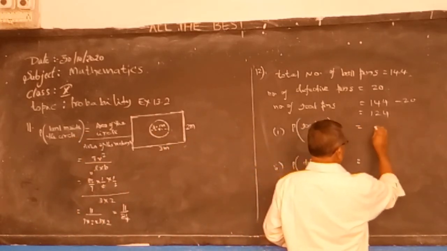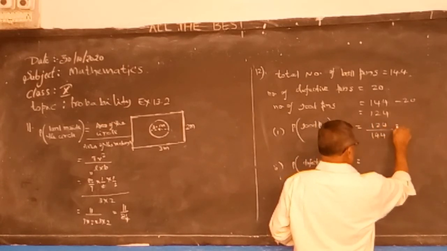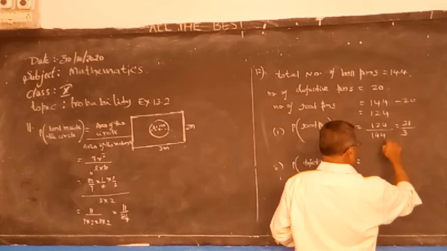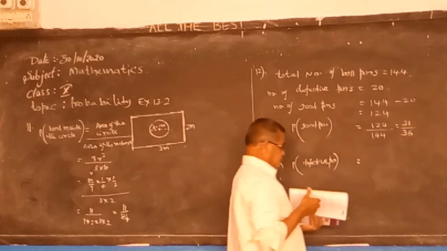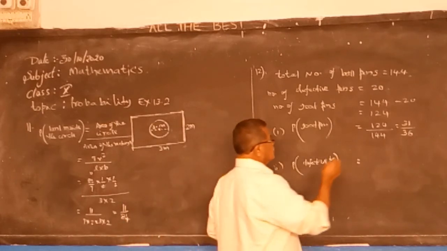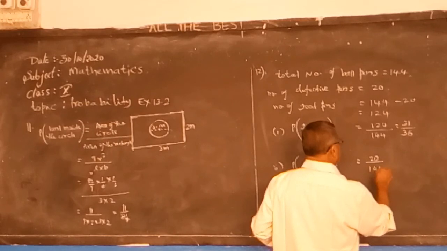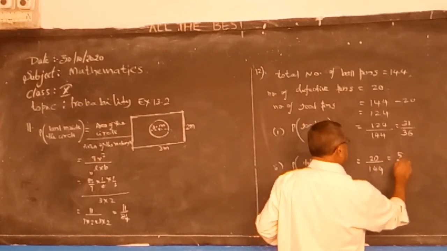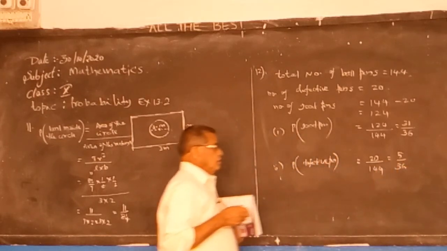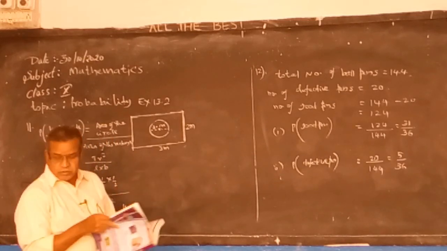See, this is 124 by 144, dividing by 4 gives 31 by 36. And the second one, 20 defective pens out of 144, dividing by 4 gives 5 by 36, right. This is the 12th one.